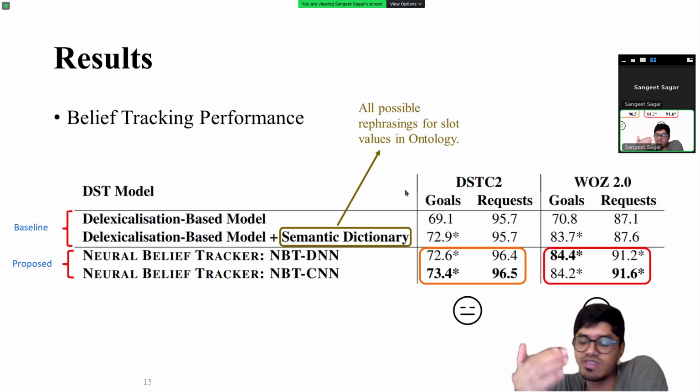As we saw, both of these datasets were only for a single domain with only 3 slots. Hence, there is a need for a more robust approach to perform scalable belief tracking that can handle multiple domains. And this is something which is taken care of by the SUMBT-based models.